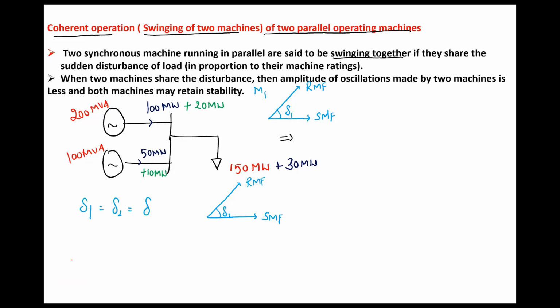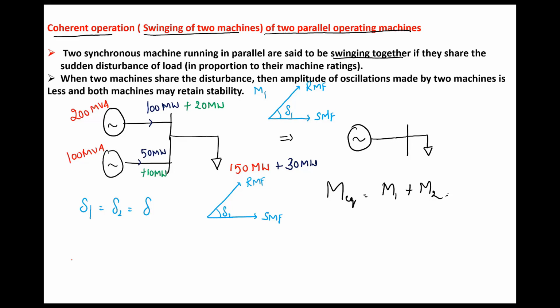which implies we can treat this machine as a single machine that is taking care of this load when they are running in synchronism. Now, the angular momentum of two machines we can directly add. When they are running together, M equivalent will become M1 plus M2.